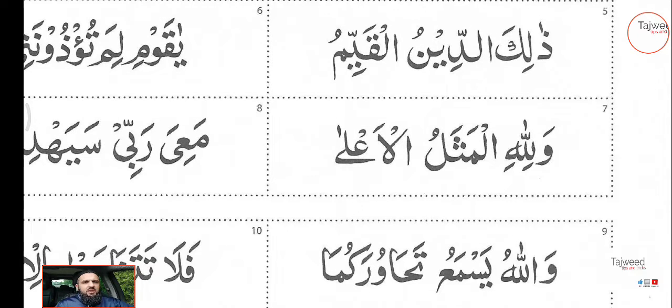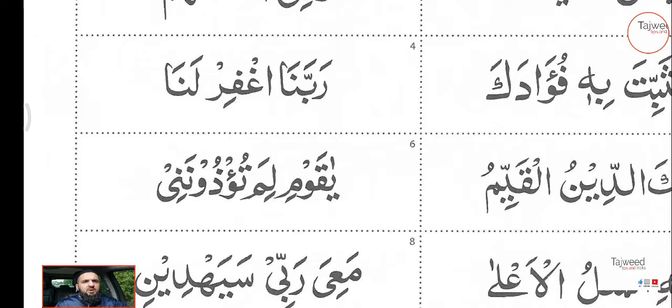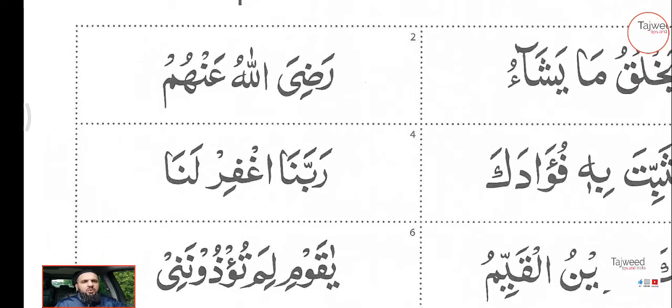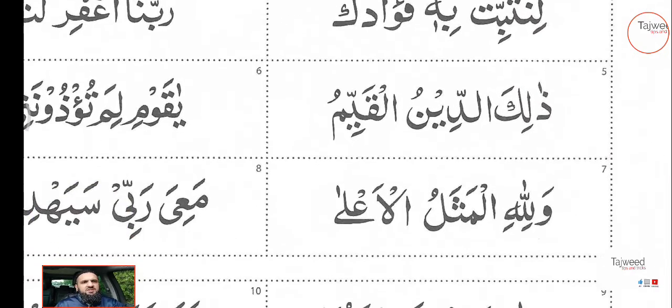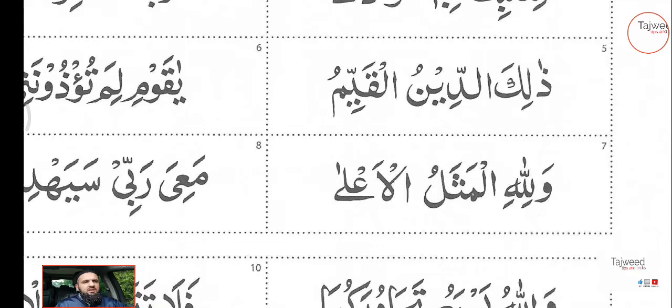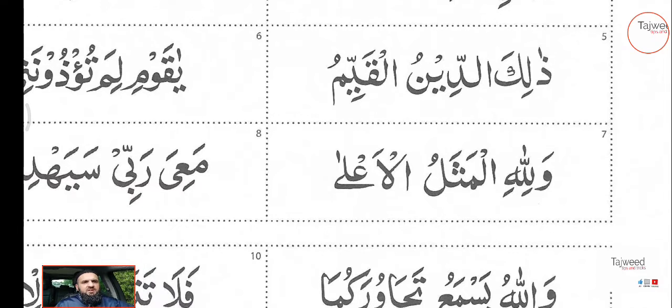Box number 7. A'la. So this is one of the examples just like box number 4 where you've got the noon at the end. It's the same thing, because in essence a standing fatha is alif and a fatha. When you're reading it, it's exactly the same thing. So in box number 7, again, you don't need to change anything.